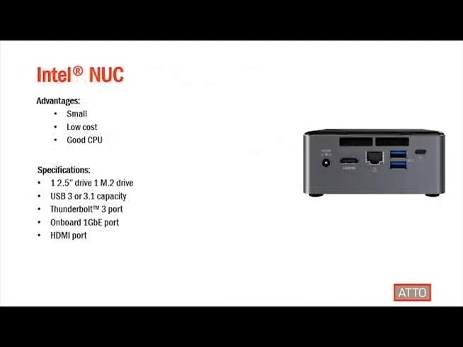With the NUC, these are constantly evolving and changing. The best way of figuring out whether or not a NUC can be virtualized is to do some Google searching. A lot of the motherboard specs are able to be virtualized, and you can look it up by that. Most of them come with 1, maybe 2 PCIe slots on board, and some of them come with Thunderbolt 2 and Thunderbolt 3 ports.